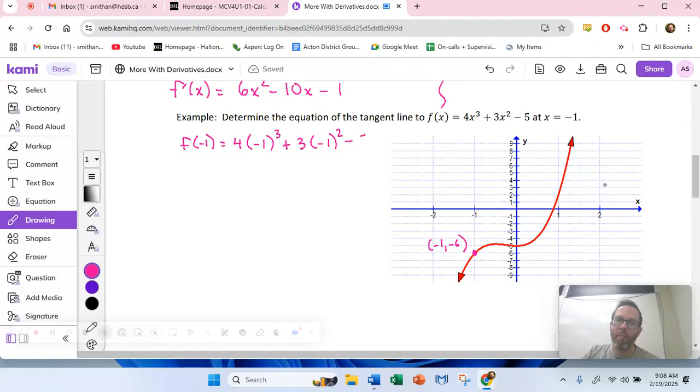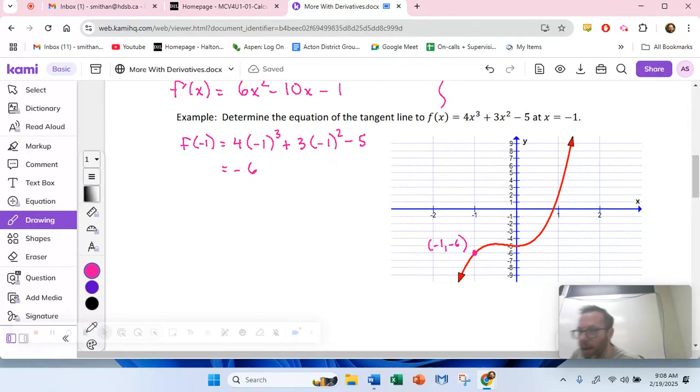So let's just do that. Does it give -6? -4 minus 5 plus 3. Yes, it gives you -6. So graph was provided, but if you didn't have a graph, you could find the y value. So that's our point of tangency.